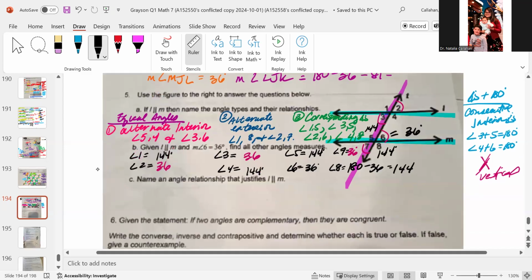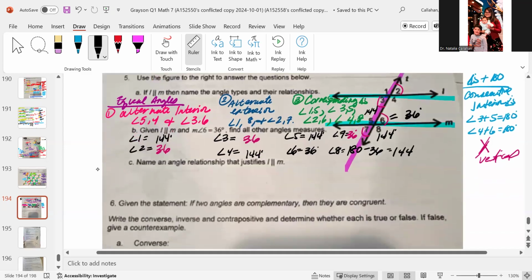There you go. See, name an angle relation that justifies L is parallel to M. You could say that since, what do you need?